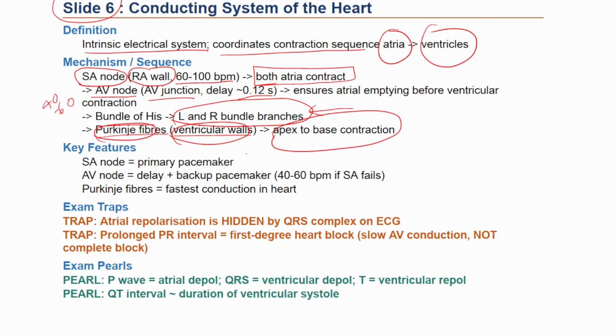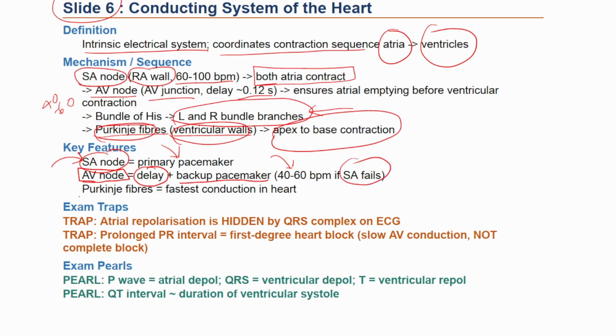From our discussion now, we can confidently say that the SA node is the primary pacemaker of the heart, and the AV node has slow conduction velocity, which causes delay, and it is a functional design. And if the SA node fails, then the AV node becomes the backup pacemaker, which generates 40 to 60 beats per minute in case of SA node failure.